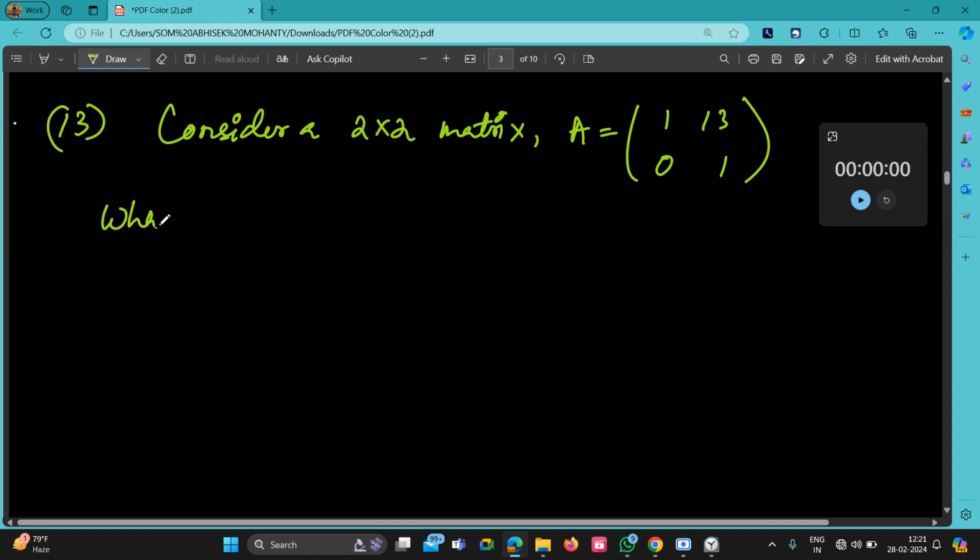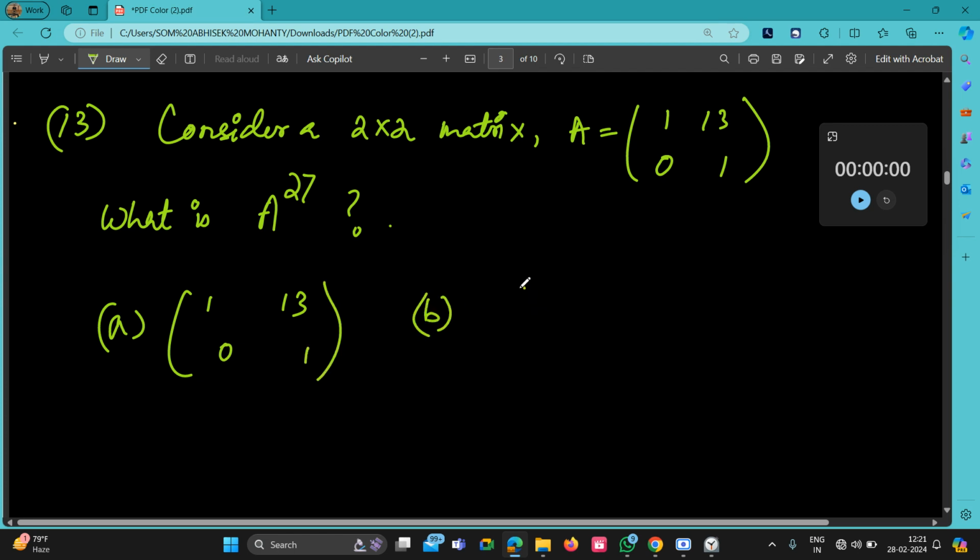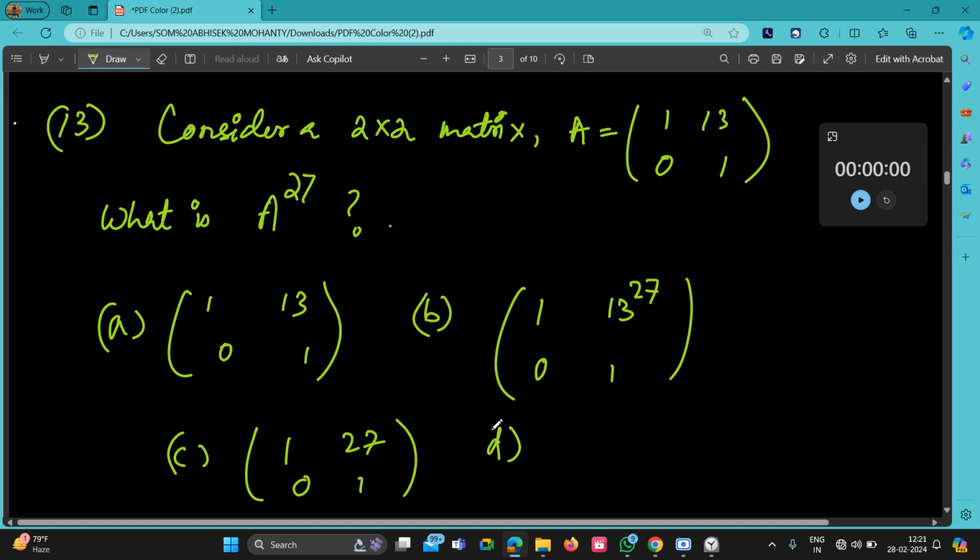So what is the value of A to the power 27? Option A: [1 1; 3 0 1]. Option B: [1 1 3 to the power 27; 0 1]. Option C: [1 27; 0 1]. Option D: [1 35; 0 1]. Just try this question.